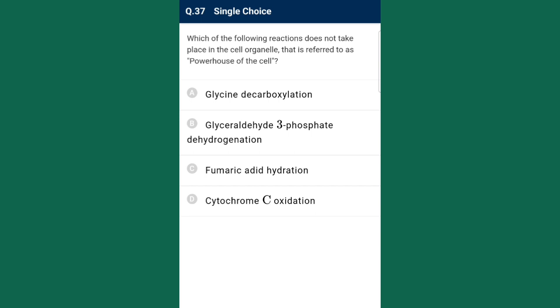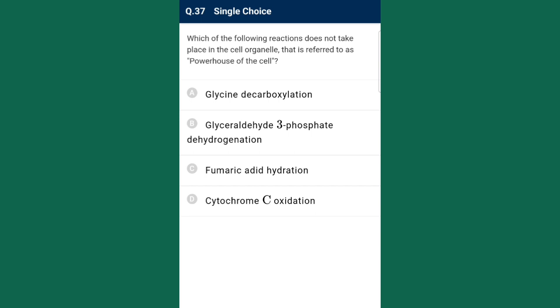Glycolysis is a 10-step process where glucose is converted into pyruvic acid or pyruvate. In the sixth step, the conversion of glyceraldehyde-3-phosphate to 1,3-bisphosphoglycerate occurs.